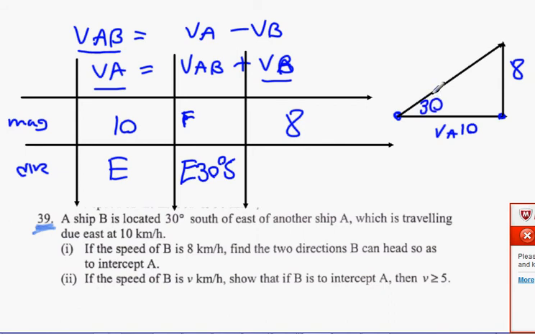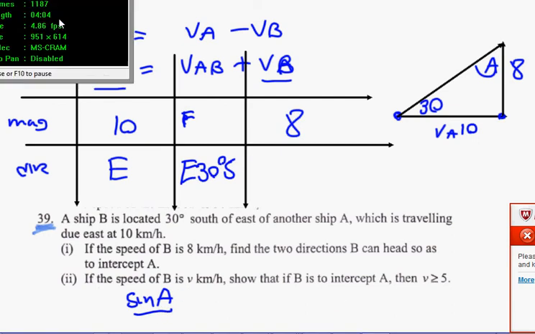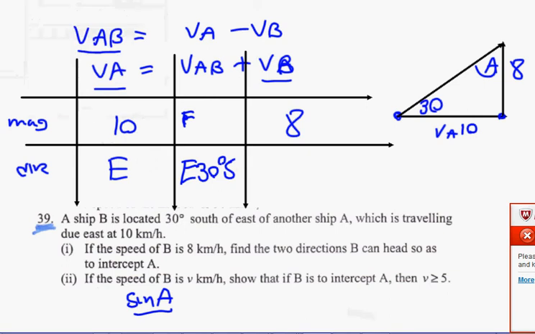Alright, now we can do a sine rule. Call this angle A. Sine A over 10. Sorry guys, one change here, okay?